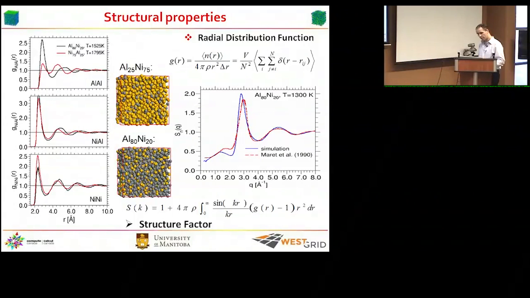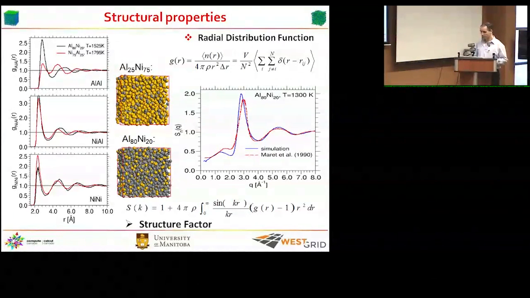So this is the first neighbor. Then the second peak corresponds to the second neighbor, and so on. We see that if you have a liquid, after 2 or 3 layers, the radial distribution function goes to 1, which is not the case if you have a crystal. You have many peaks.